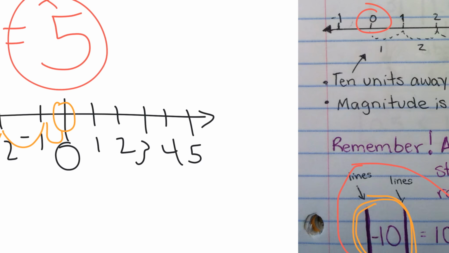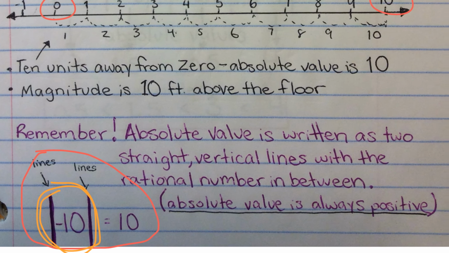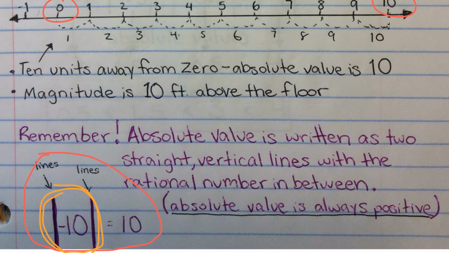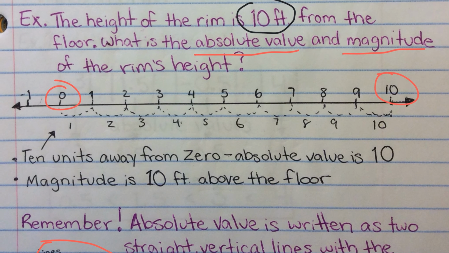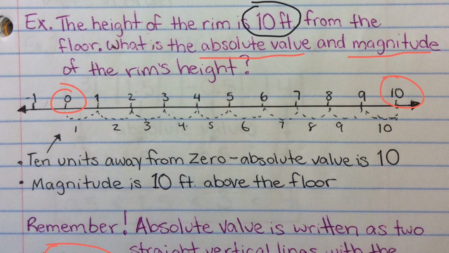If you look back here, the very last bit of these notes that's underlined in the remember section is right here. Absolute value is always positive. When you take the answer to an absolute value question, it will always be positive. Okay? So in our example here, with the hoop or the rim being 10 feet off the ground, our answer 10 is a positive 10.